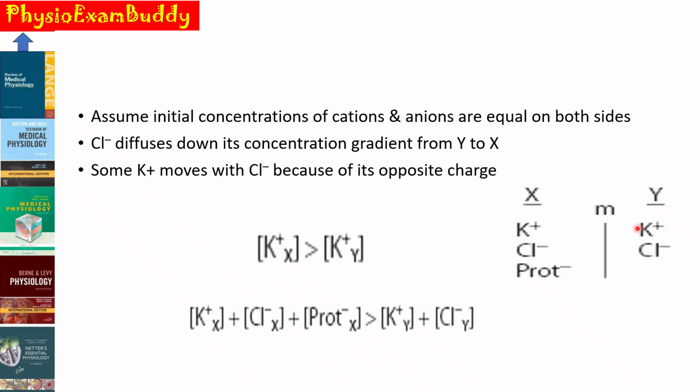It will carry some potassium from Y to X. So the concentration of potassium in the X compartment will be more when compared to that in the Y. So in short, the concentration of potassium, chloride and protein in X is usually more than that in the Y compartment, because of the movement of chloride ions into the X compartment from the Y compartment.